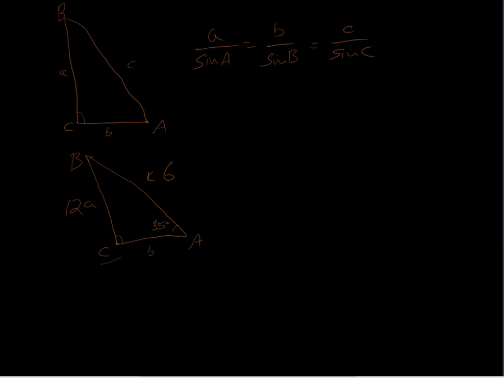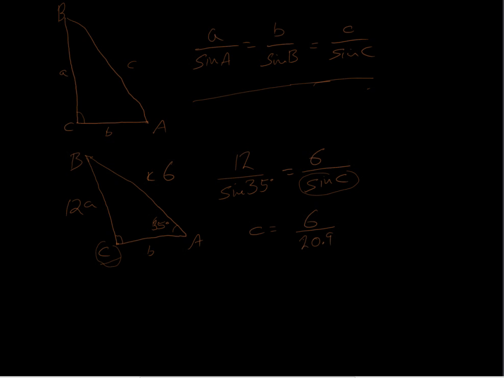So if we use this formula over here, we would say that 12, which is A, and I'm going to use this angle, over sine 35 degrees is equal to, and I'm going to try to solve this, so we have the side for it, 6 over, we don't have the angle, so I'm going to say sine C. If I solve for this, I have sine C is equal to 6 over, and if you go 12 divided by sine 35, you get 20.9.